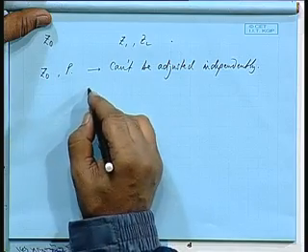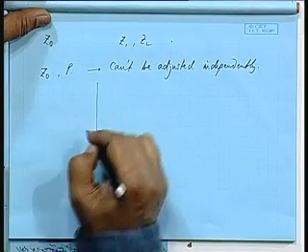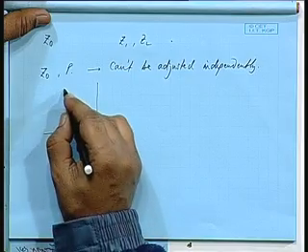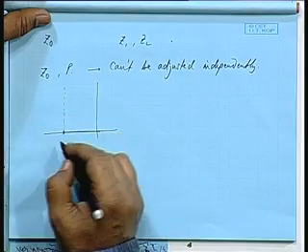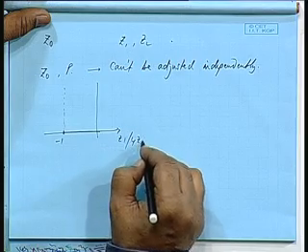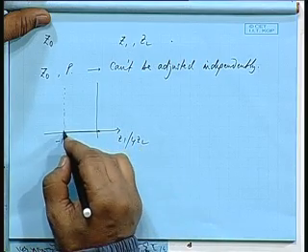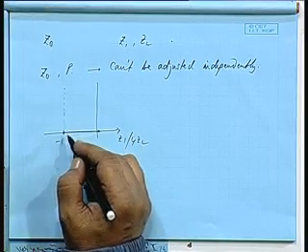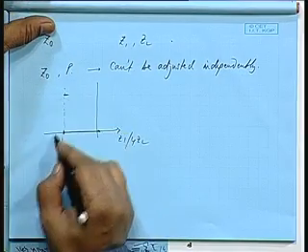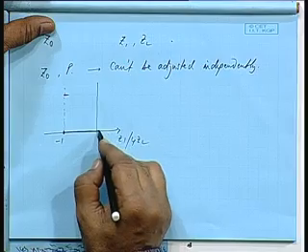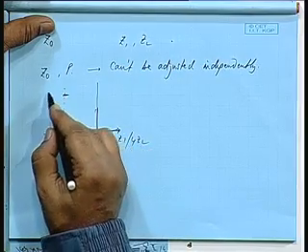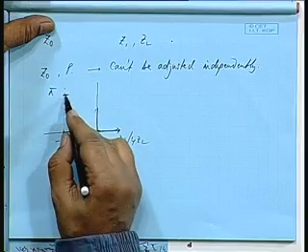Now, let us see how beta varies. Sorry, alpha was 0 here, beta was 0 here, this is minus 1, this is Z 1 by 4 Z 2, and somewhere here it was, say, pi.